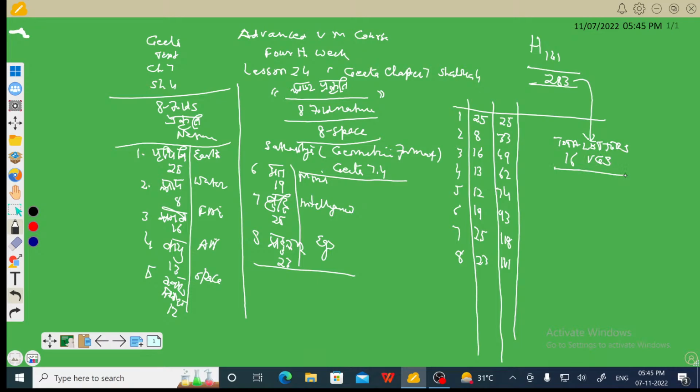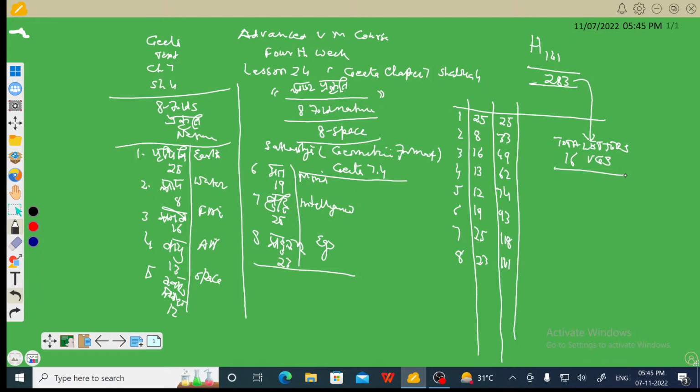Let us have a pause here and let us revisit the text 7.4. It is deciding as to which are the 8 folds. Prakriti Ashtadha. First is Prithvi, which means earth.